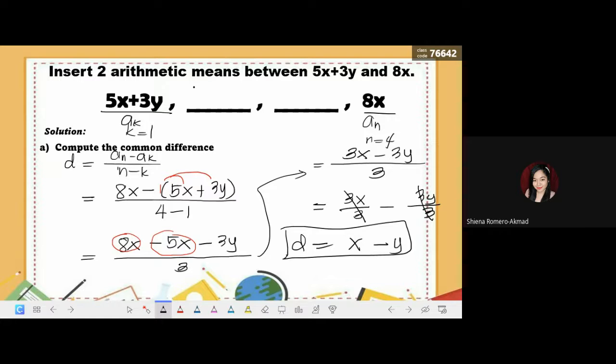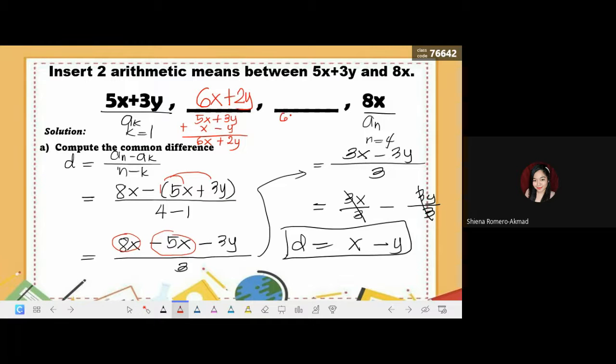Now, paano natin makukuha yung mga next terms? Mag-a-add tayo. Paano tayo mag-a-add? 5x plus 3y plus x minus y. 5x plus x is 6x. 3 minus 1 is 2, so plus 2y. Kaya naging 6x plus 2y.